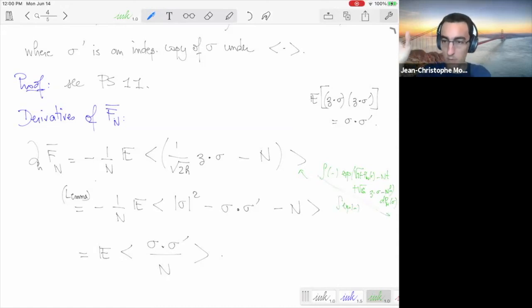So it's the associated Gibbs measure. And the sigma prime is an independent copy of sigma under this measure, a replica. Is this clear or is this confusing? It's the same notation we have also used in statistical inference.